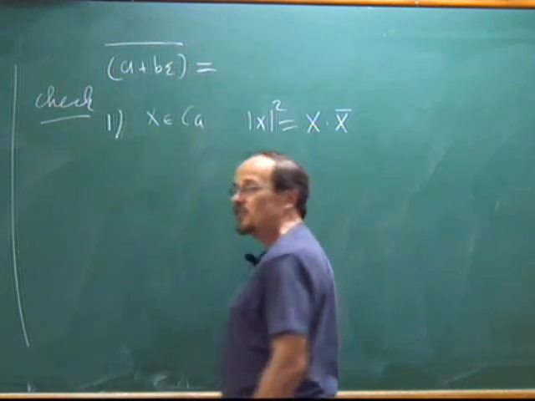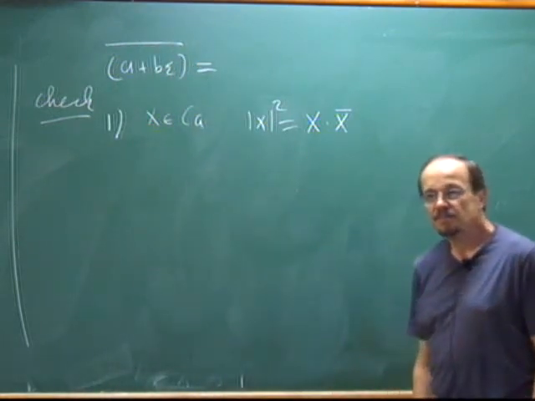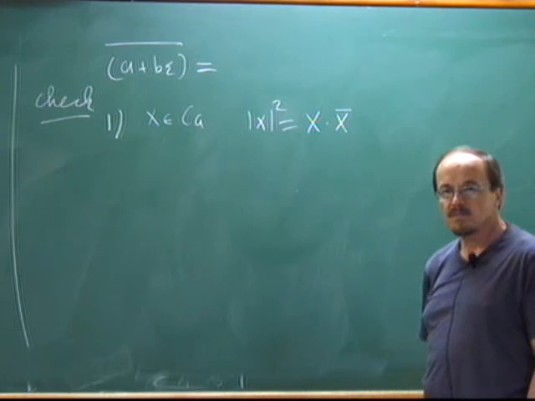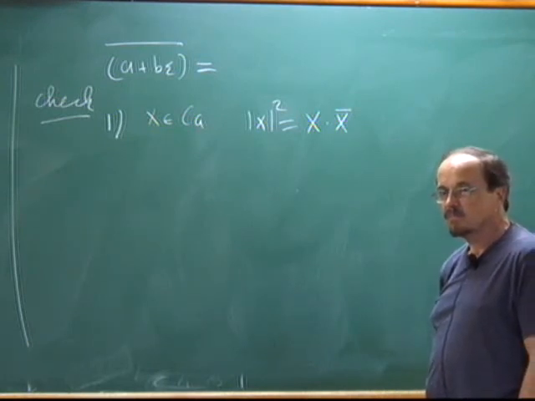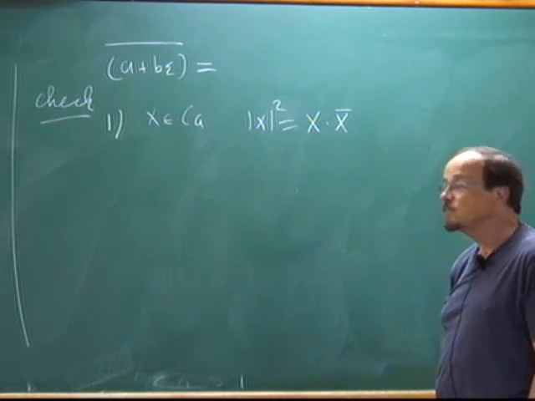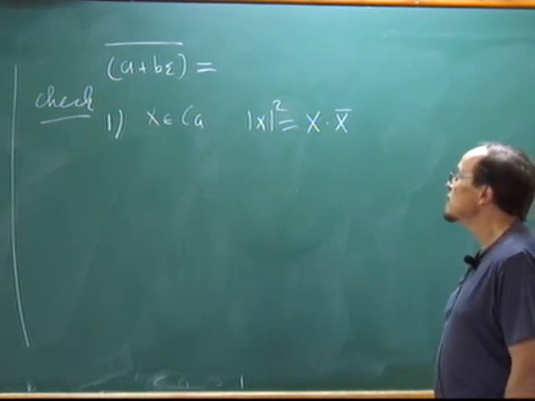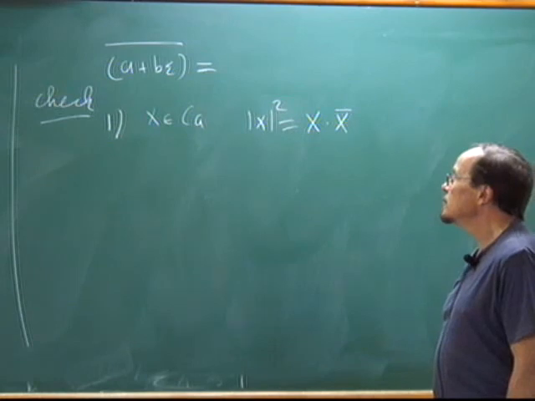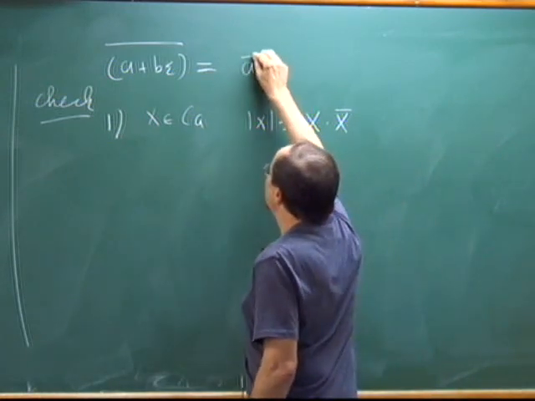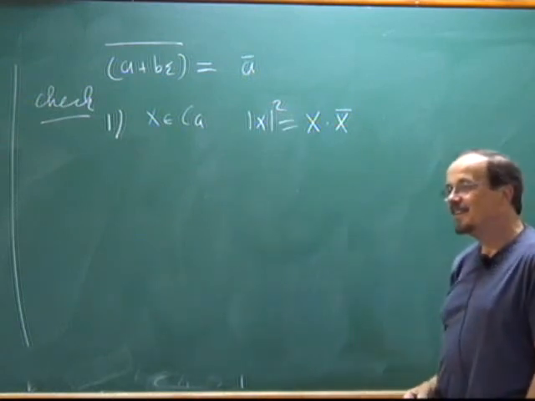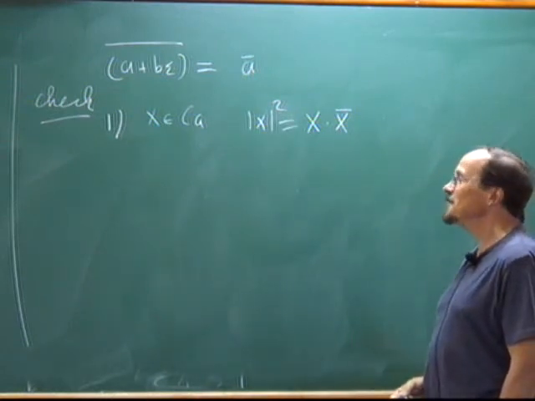What should be the conjugate? You conjugate everything, coefficients and epsilon. So what do I get? A bar, minus b bar?